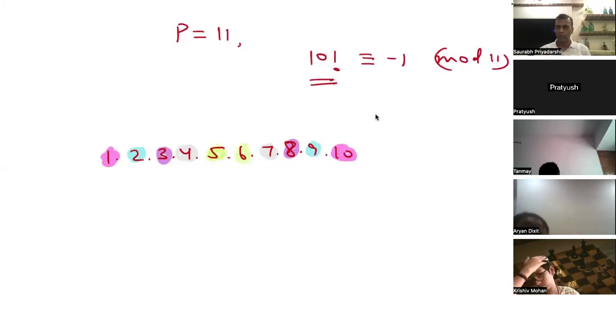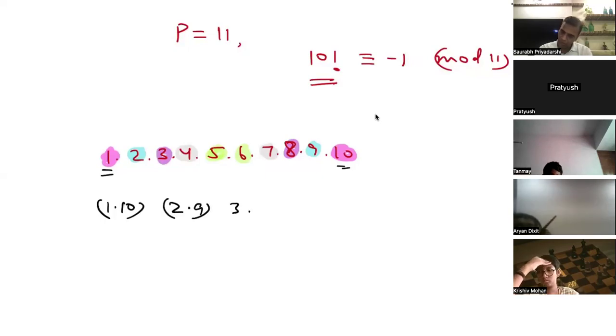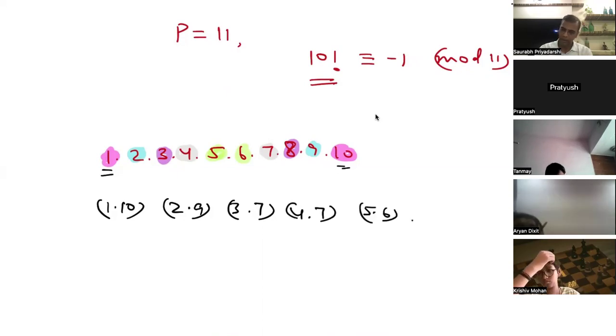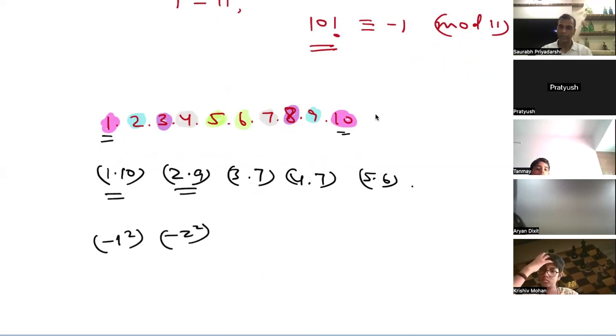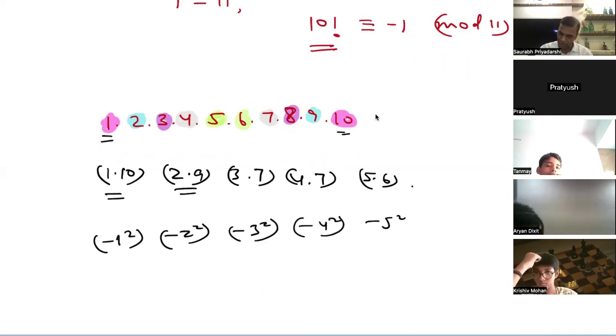If I take the combination of these numbers, what exactly are we getting? 1 into 10, 2 into 9, 3 into 8, 4 into 7, 5 into 6. This is the combination of factorial 10. This is nothing but minus 1 square, minus 2 square, minus 3 square, minus 4 square, minus 5 square, mod 11.